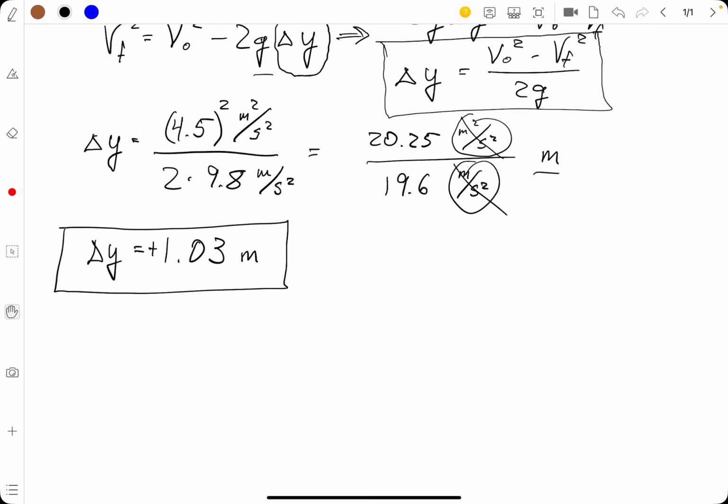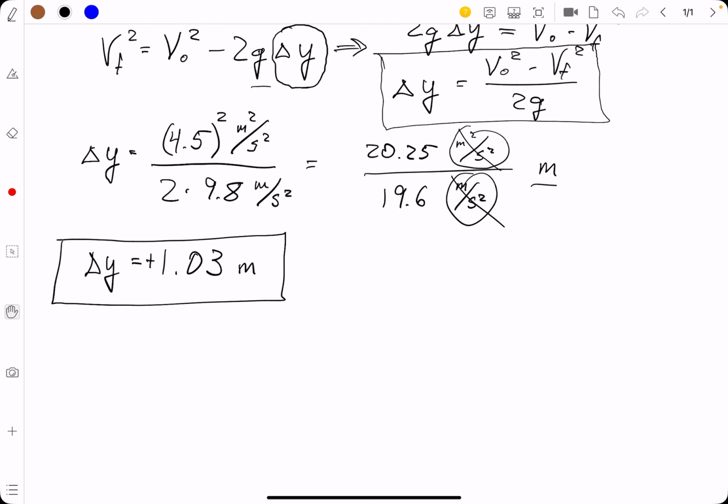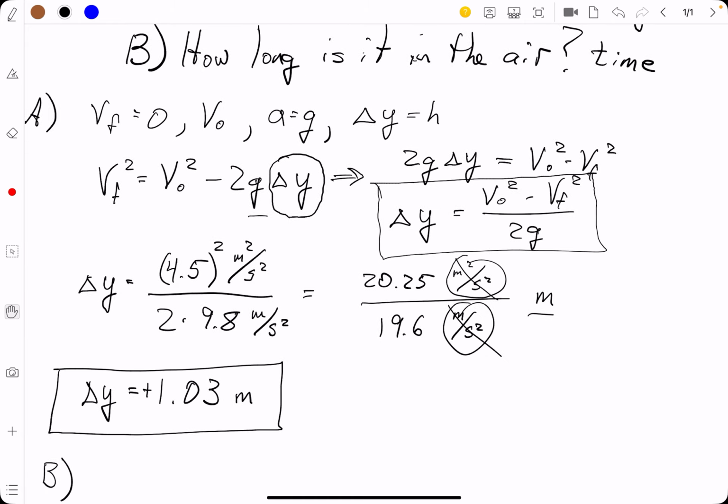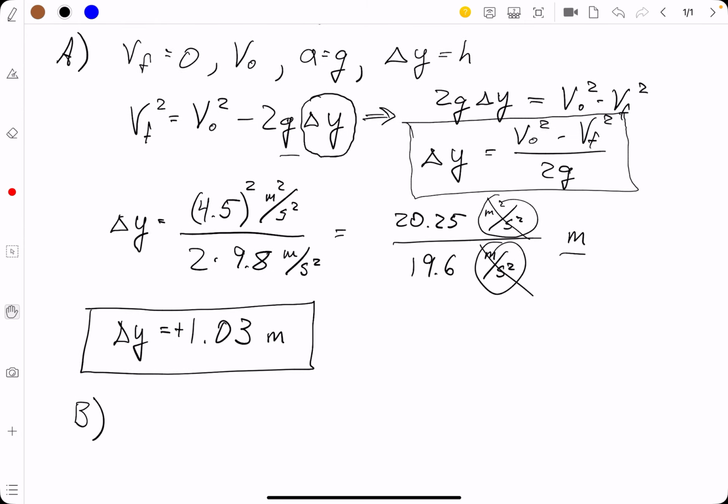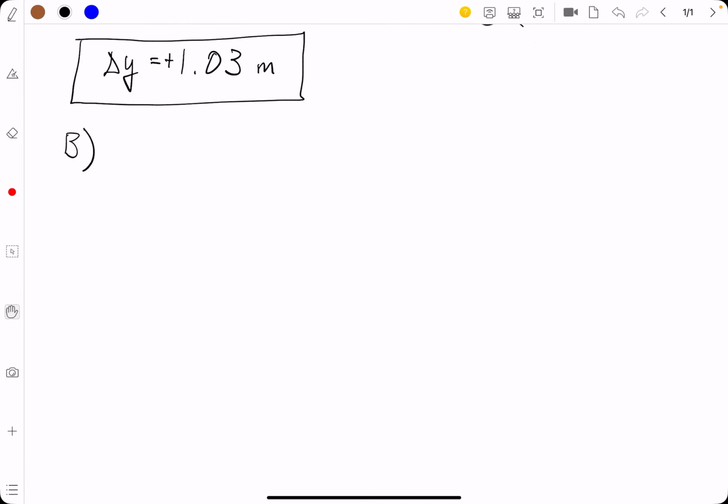And now let's go on to B. What is B? Let's go back and remember what was B. How long is it in the air? Okay, what is the time that it's in the air? So I'm going to write total time in air, between the time that it's thrown and the time that it's caught.